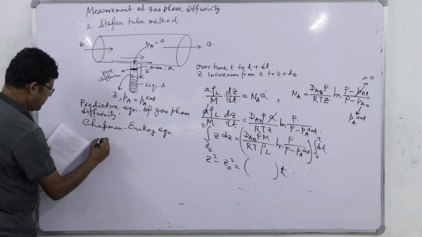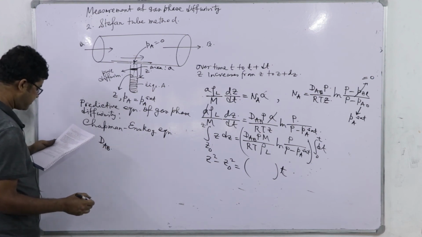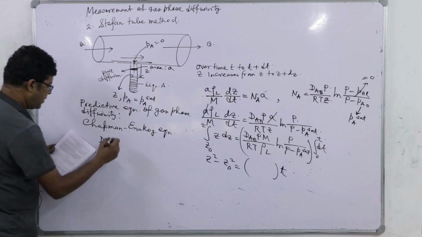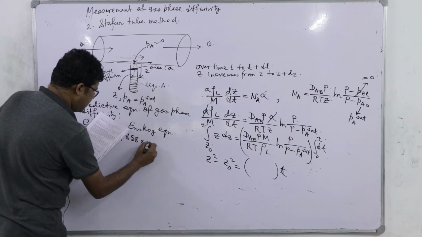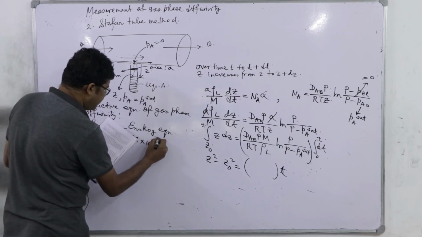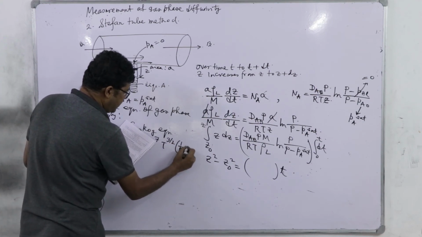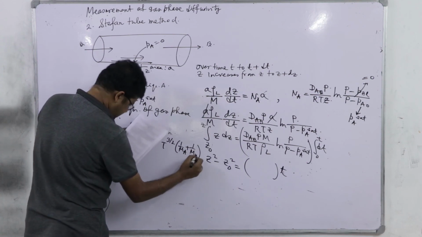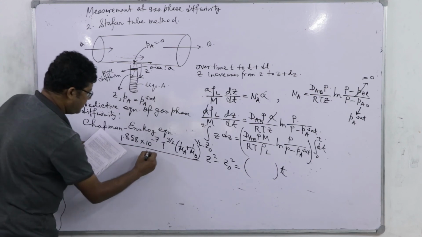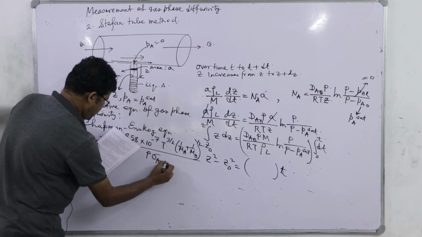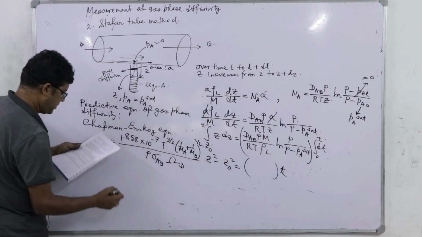Definitely it has its own limitations. So, dAB is equal to 1.858 into 10 to the power minus 7 into T to the power 3 by 2, 1 by MA plus 1 by MB whole to the power half, divided by P into sigma AB squared, into omega D, right.